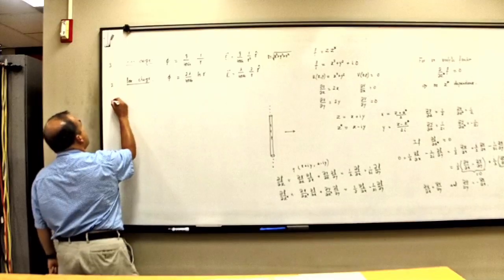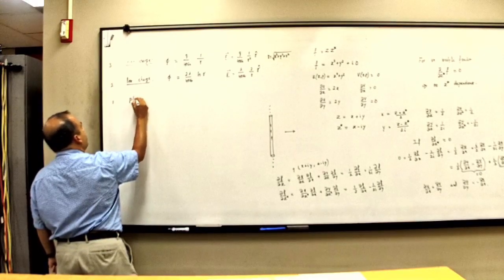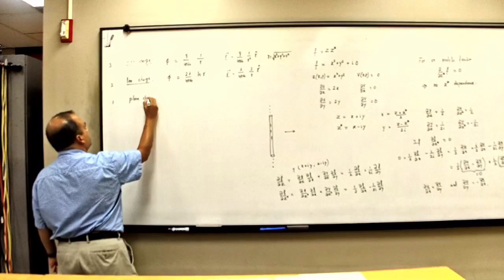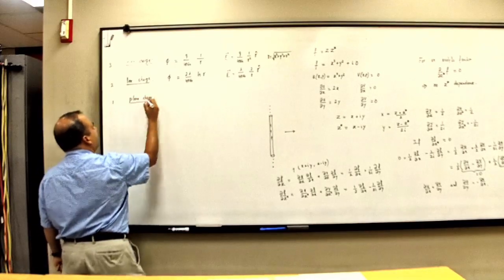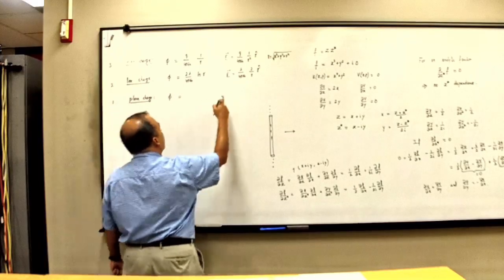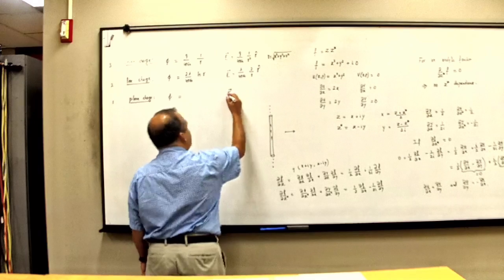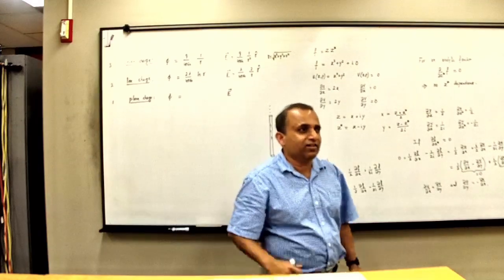If you go further down, these are planes. Plane charge or plates, planar charge, what do we call that? What is the electric potential? And what is the electric field? What is the electric field due to a plate?